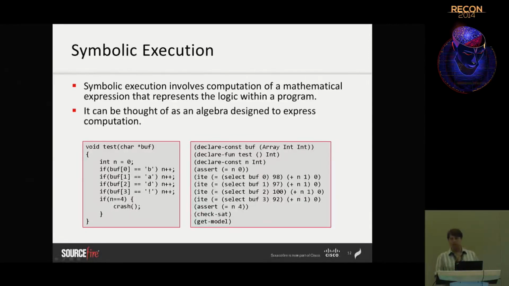The ITE is an if-then-else, which is the same thing as an if-then-else in C code, where you're looking at certain values. In this case, you're looking at the offsets in the array, and you're checking it against the decimal value for those characters. And if so, then it will increase n plus 1. So it's pretty straightforward. It takes a little getting used to, but the syntax isn't too hard.